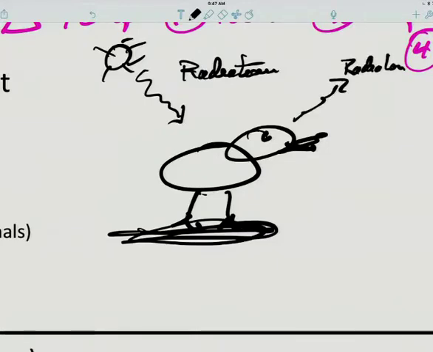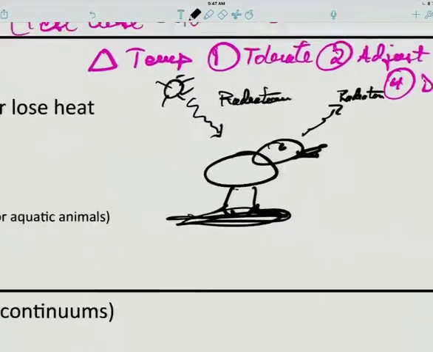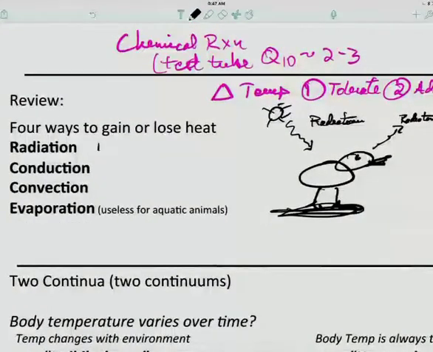You radiate heat based on your surface temperature outward, and you gain it based on the surface temperature of everything around you. If the net around you is on average higher than your surface temperature, you'll gain heat. If it's lower, you'll lose heat. So you can gain or lose heat from the sun. That's 1.